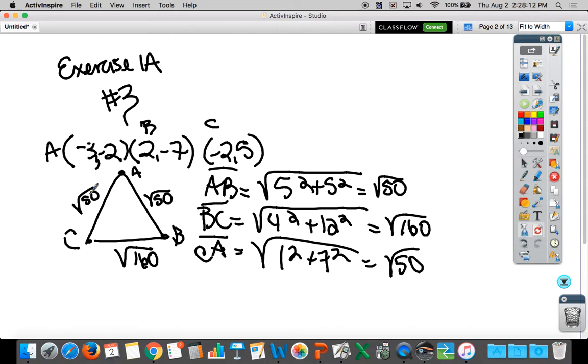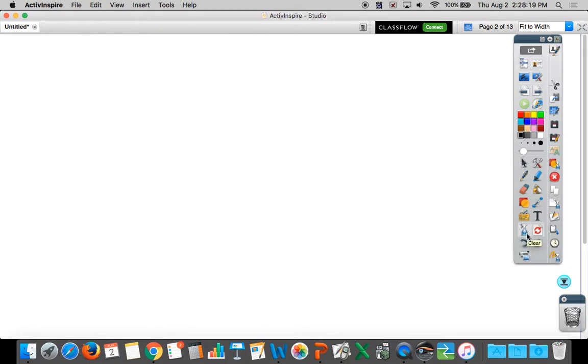Turn to page 11. Exercise 1B. Look at number 1. It says test whether the given point lies on the straight line or curve with the given equation. So I want you to read that, and then I want somebody to raise their hand and tell me what we would do.